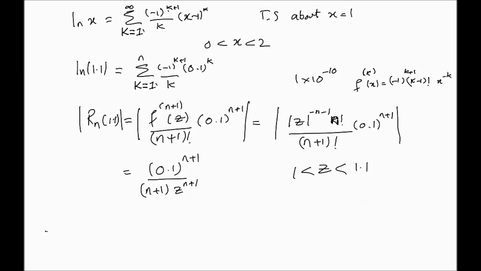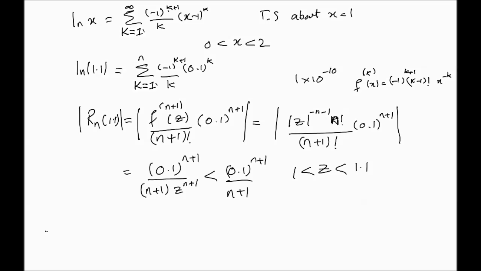Now z is in the denominator, so I can actually replace this z by 1, because I want to put the smallest value here. That will make this the largest, because 1 will be bigger. So this is going to give me 0.1 to the n plus 1 over n plus 1. Much simpler now to see. So that is my term.